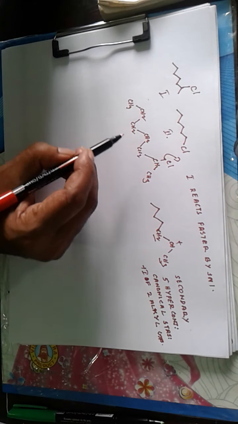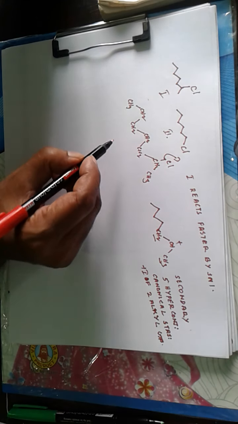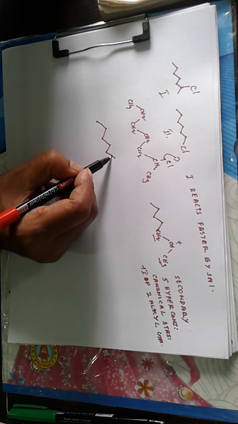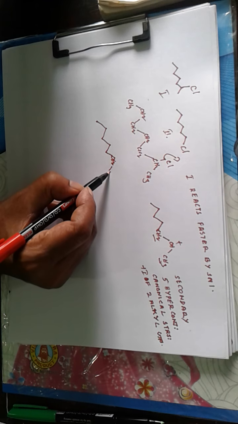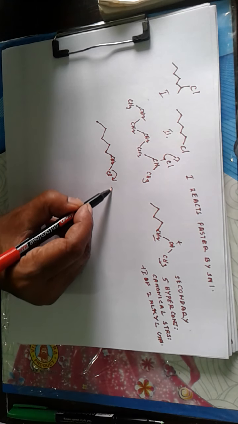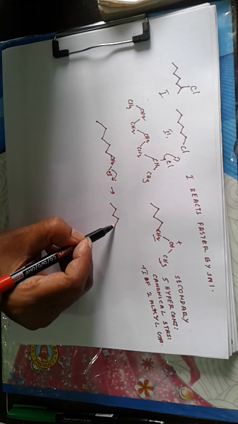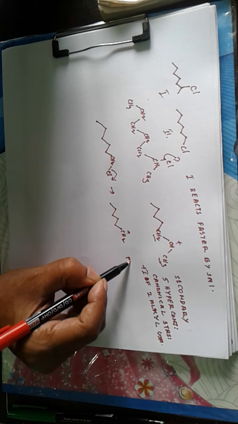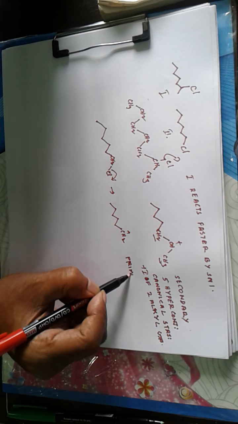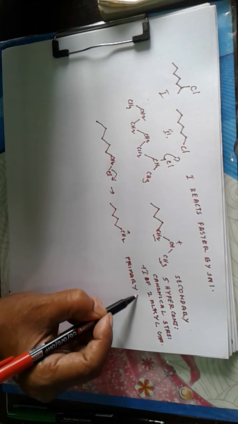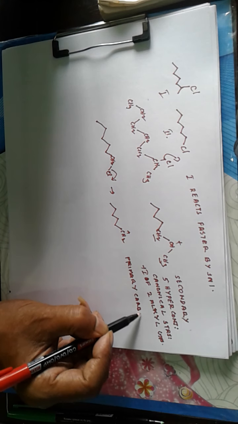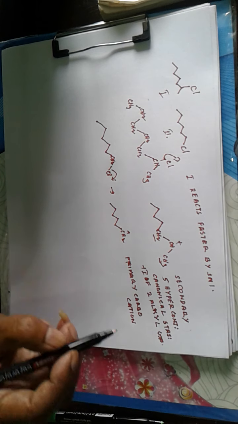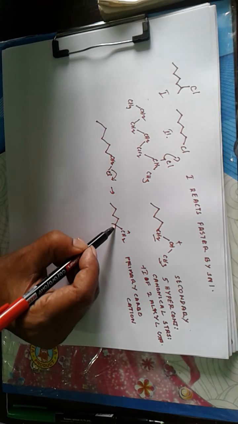Whereas in the case of the second isomer, it gives only a primary carbocation. CH2, Cl, CH2 positive, primary carbocation. Then here is a CH2 group.